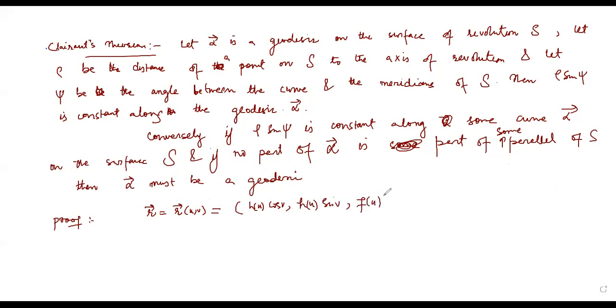Well, that's how we parameterized the surface of revolution, which means we actually took a curve जिसको हमने नाम दिया था (h(u), 0, f(u)) in the ZX plane. यानी मेरा plane था ZX plane.